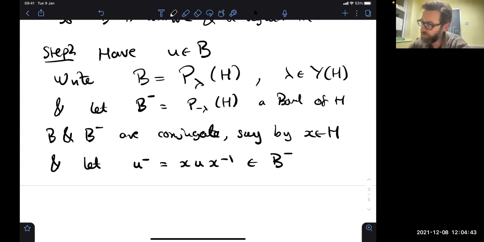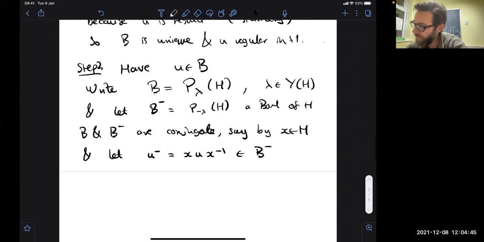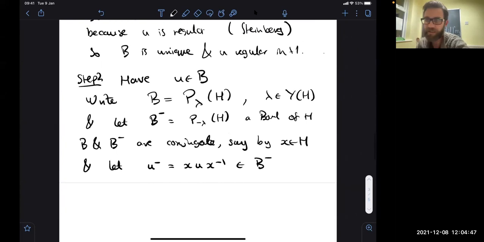Okay, so I'm trying to act out what I said I would do, which is I've got U and B sticking off on one side of my reductive group H. I can find B minus on the other side, and I'm trying to find a corresponding unipotent element on the other side. That's U minus.